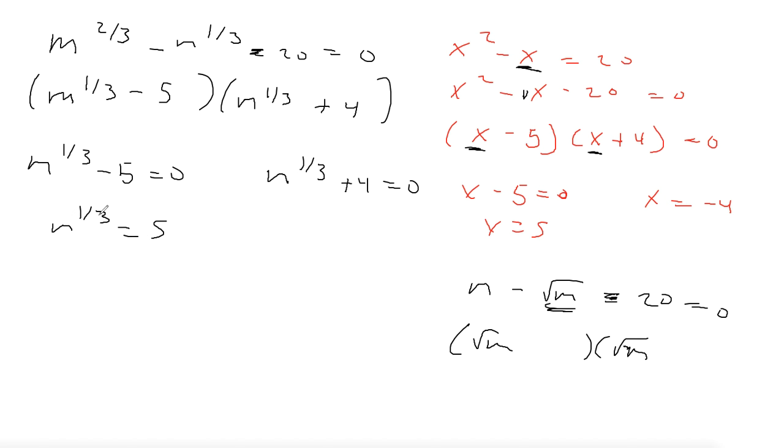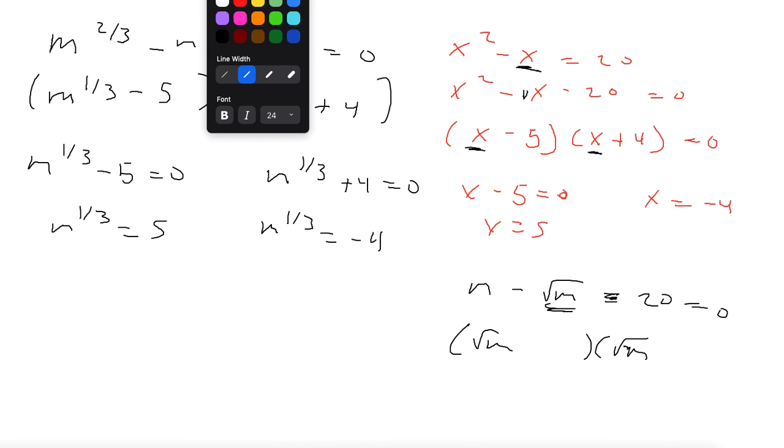And since this is a cube root, we would cube both sides, and a cube can equal either a positive or a negative. But if it had been a square root, I'd have to be careful because a square root or any even root wouldn't be able to equal a negative number over on this side. So if this had been an even root, that would be extraneous, but it's not, it's an odd root.